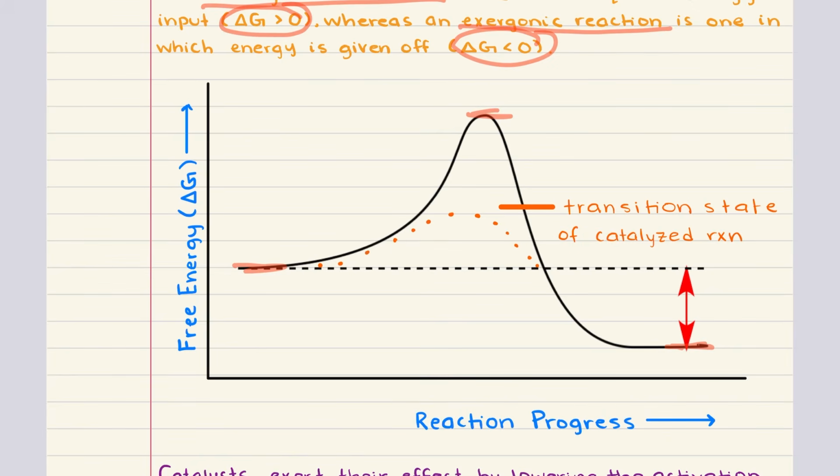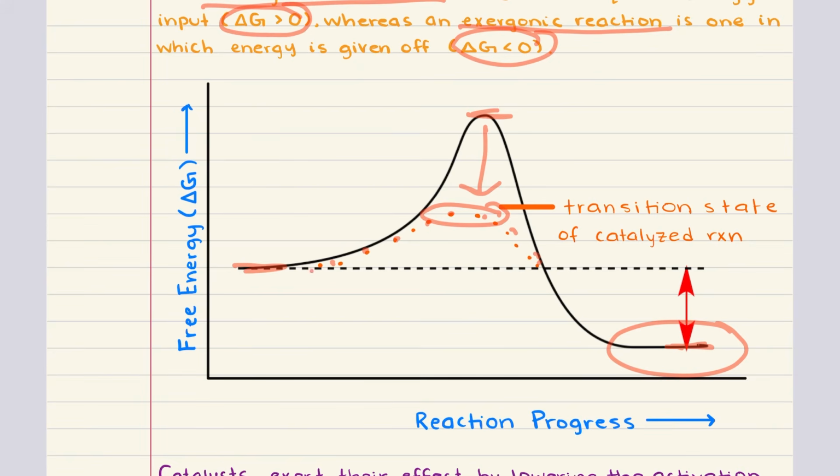But if there's an enzyme present, we see the dotted orange curve. It reaches the same final product. The difference is that the peak is lower. That's the enzyme lowering the activation energy and making it easier for the substrate to reach the transition state.